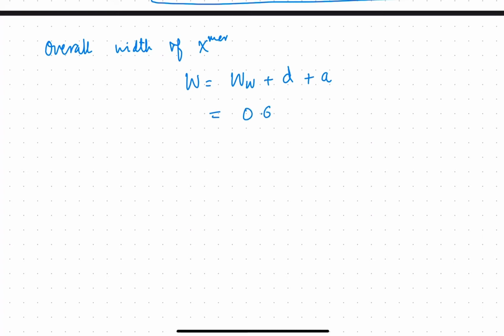Then if you find the overall width of the transformer W, it is WW plus D plus A, and this comes out to be 0.688 meters.